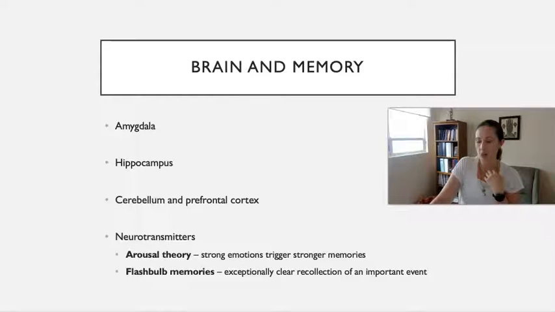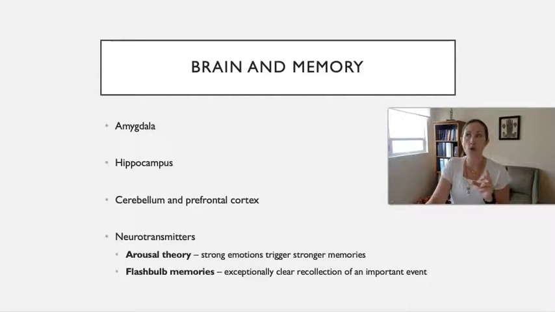And so that storage of strong memories is connected with the amygdala as well because the stress hormones are being released. So the amygdala can help with that memory consolidation, and it seems to help with encoding of memories at a deeper level if they are emotionally arousing. So if you have a very emotional event, you remember it vividly, the amygdala is helping with that.